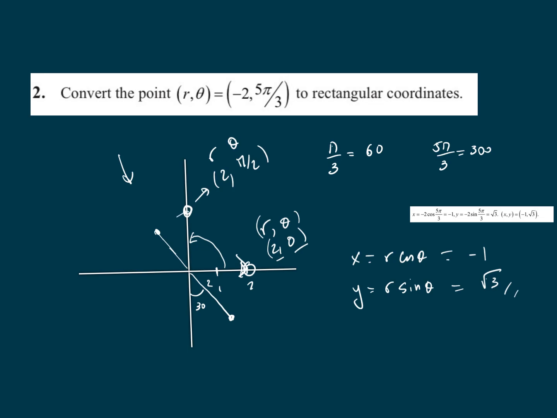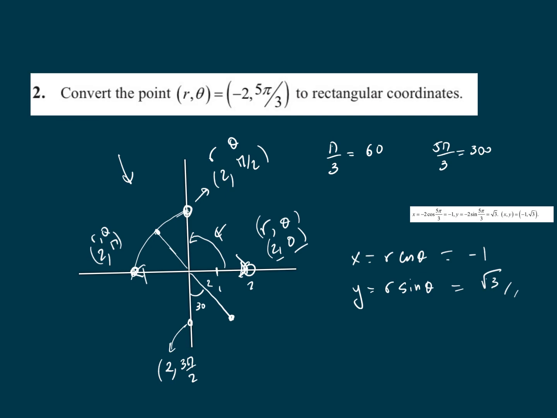When you keep rotating, you arrive at the point where r is 2 and theta is pi. If you keep rotating, you arrive at this point, where r is 2 and theta is 3 pi divided by 2.